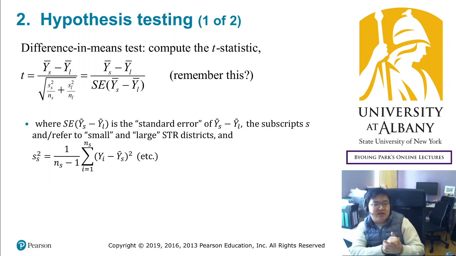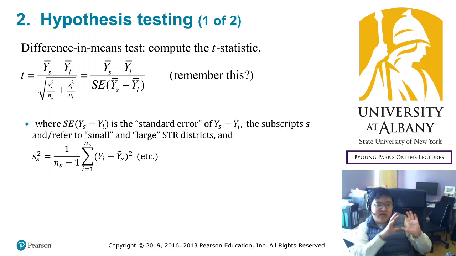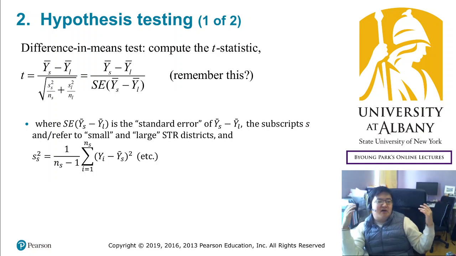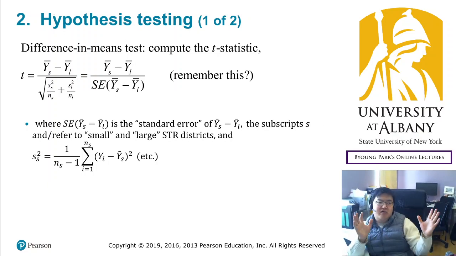But if the t-statistic deviates from 0, too large or too small, then your data and your hypothesis have some differences, so you have to worry about why there is the difference. The difference may be because of random errors or maybe because of a wrong hypothesis. That's the framework for how we understand hypothesis testing.